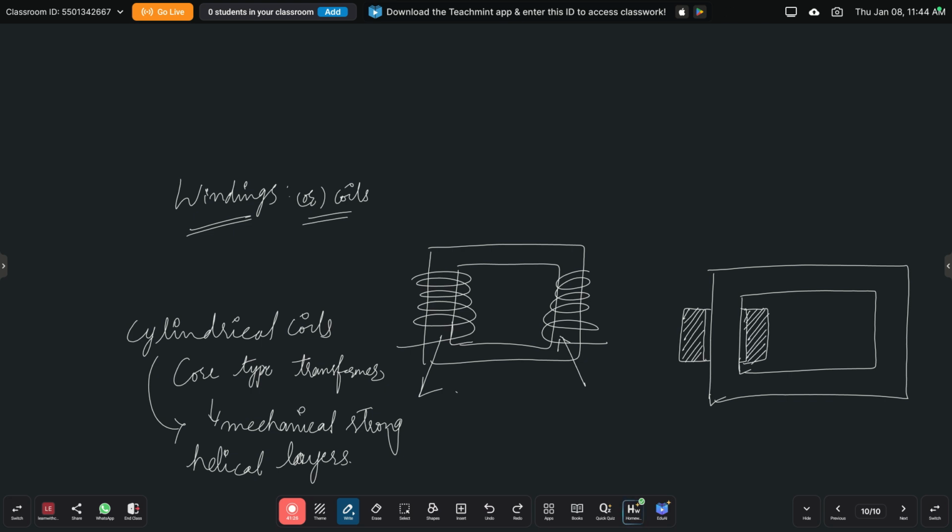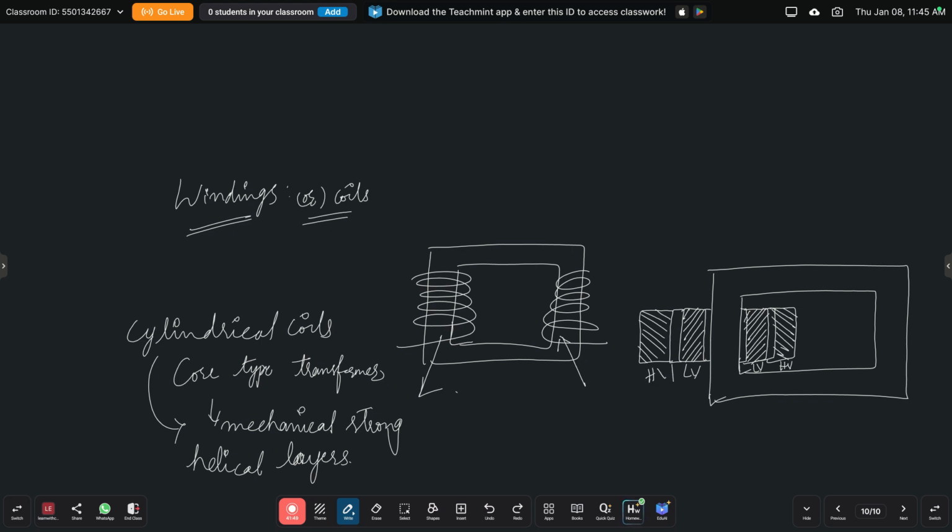First the LV winding, again the insulation, then the HV winding. In this way the transformer improves its efficiency. So this is the HV winding.